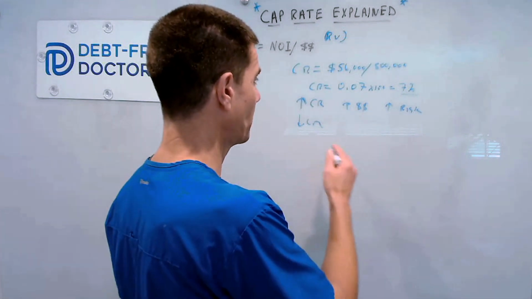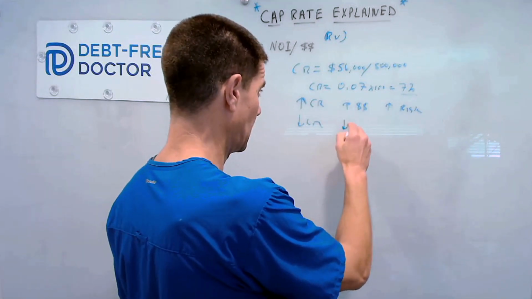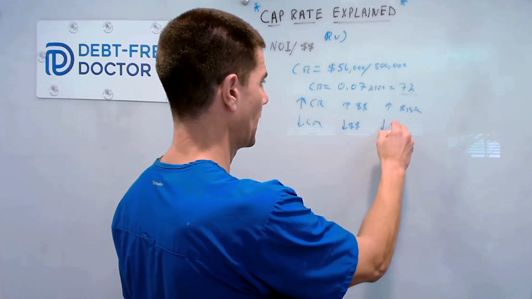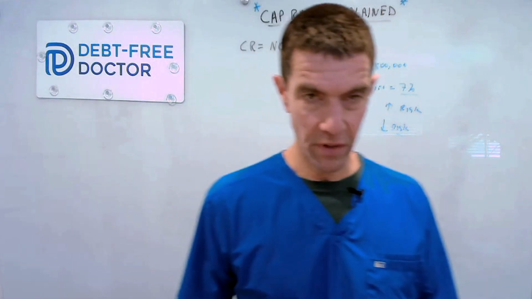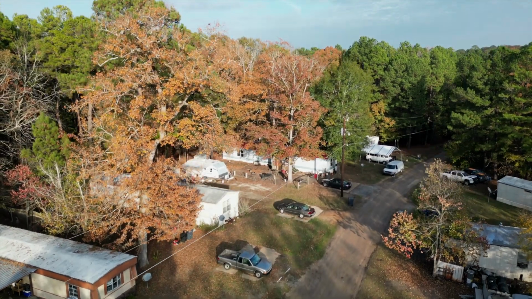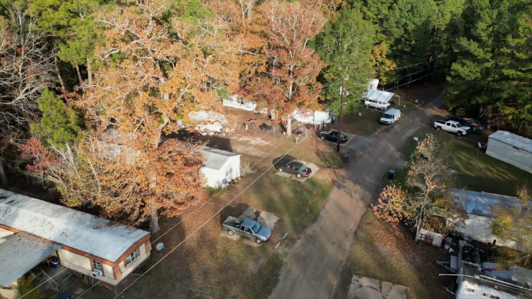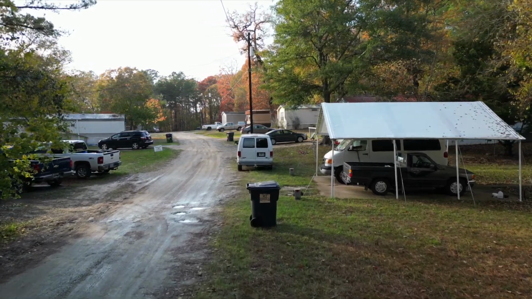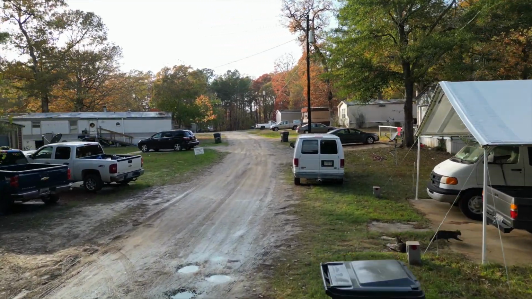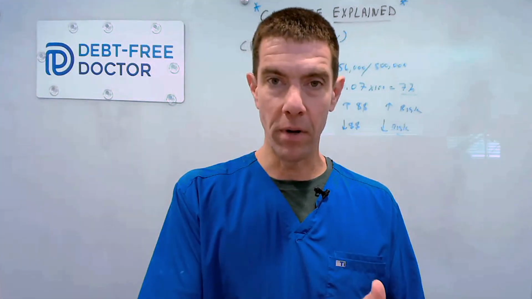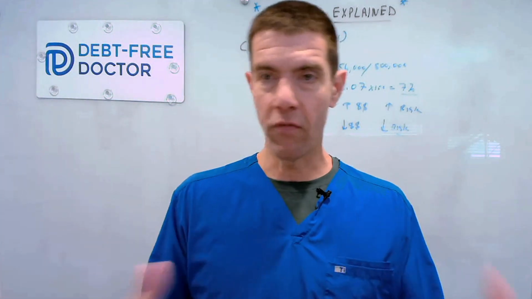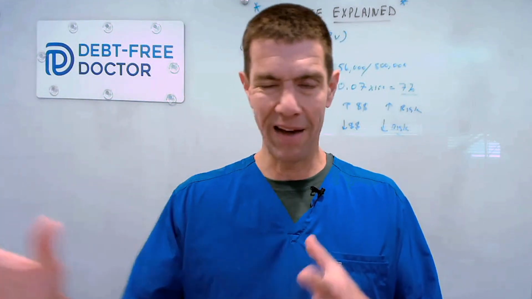If it's in a prime location, it's going to have less returns, but it's also going to have less risk. So for example, if an RV park has a 7% cap rate and another one that you're looking at has a 5% cap rate, of course the 7% cap rate property offers better returns, assuming all factors are equal. It's just an easy way to look at it.